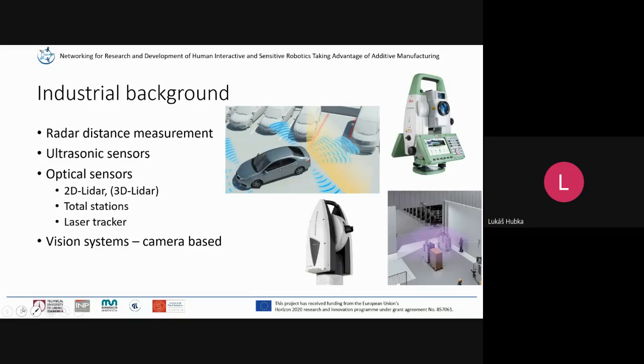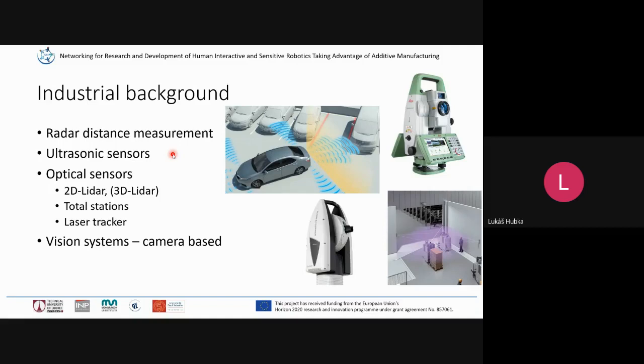The actual situation is that we have different types of sensors, different approaches, how to measure the distances, how to measure the position, how to measure the angle, because these two or three factors are important for 3D printing from concrete.